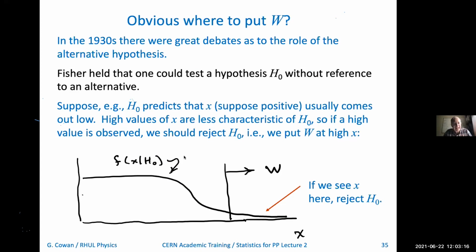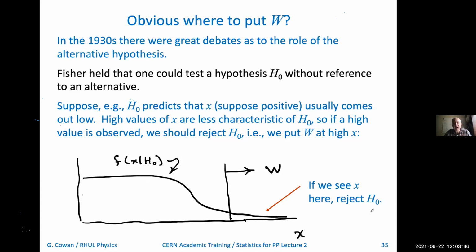And some people, I'm probably going to say the history all wrong here, but this is my rough view of the history, is that Fisher in particular argued that you could say what region of data space was disfavored without reference to an alternative. And what he had in mind was, I think, something like this: suppose you had a PDF for a variable X that was positive, and let's suppose that it had that kind of a PDF. Well, if you just look at that, what does it say? It says X is usually low.